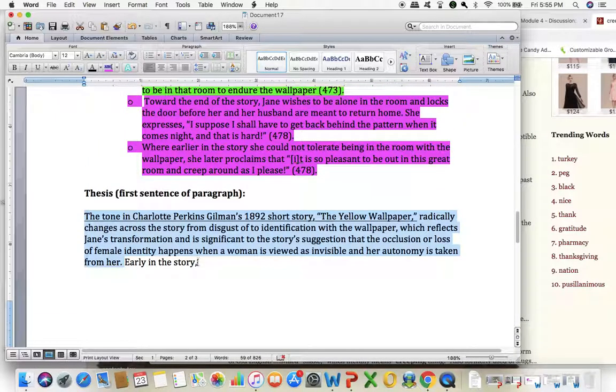So I might say, early in the story, Jane's tone toward the wallpaper is more hostile than, I'll just do a comparison, than later in the story.